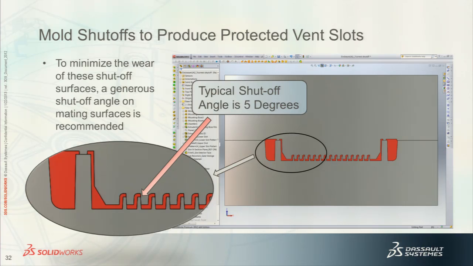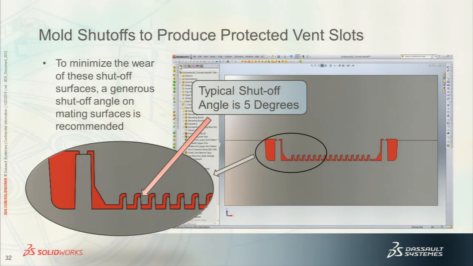Mold shutoffs to produce protected vent slots. You can see where your steel in your core and cavity interlock where I have these vent slots located. A typical shutoff that you would require is 5 degrees. Wherever steel is touching steel, it's on a 5-degree angle.